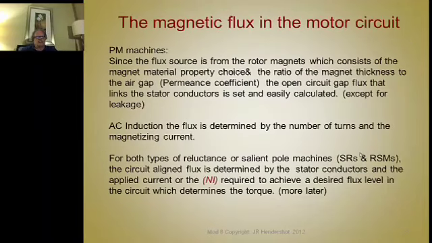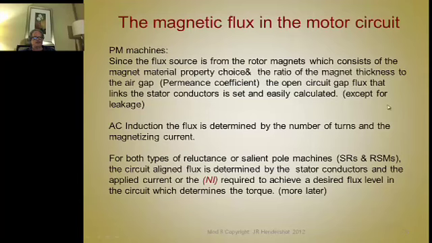So to summarize, for PM machines, it's important to consider the permeance coefficient, the thickness of the magnet relative to the thickness of the air gap.